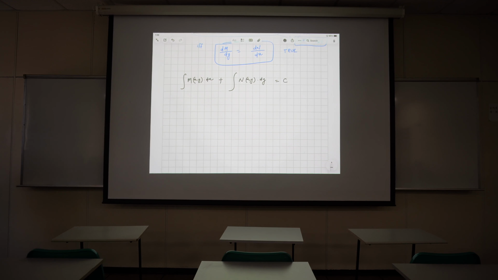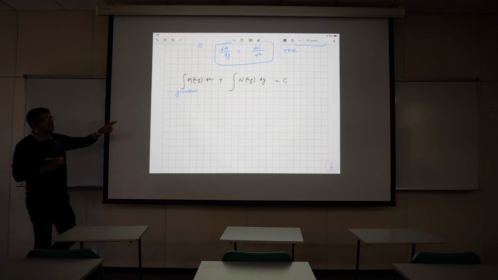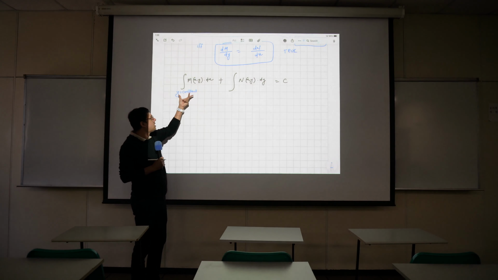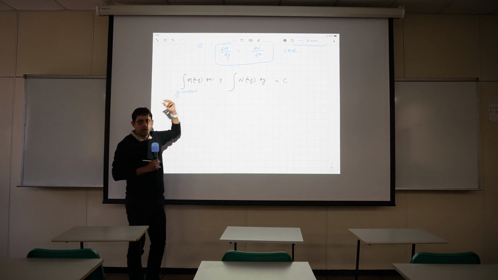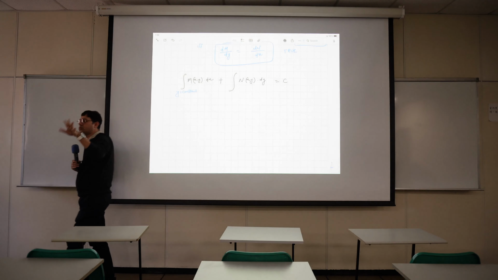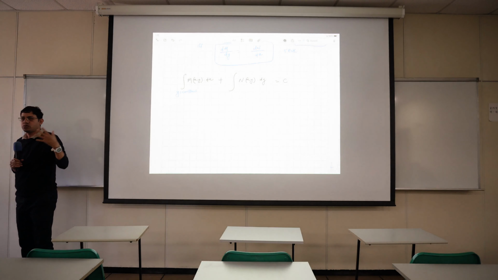So what are those conditions? I will specifically write the conditions. First thing, here y is constant. When we integrate with respect to x, consider y a constant. If there is any y, we treat it as a constant; we do not play with that.